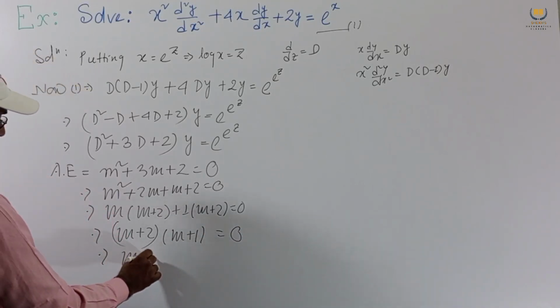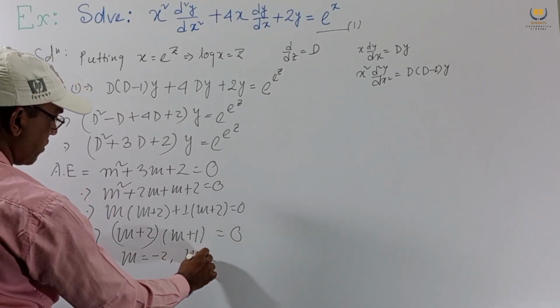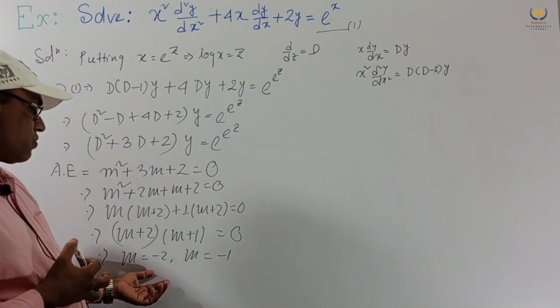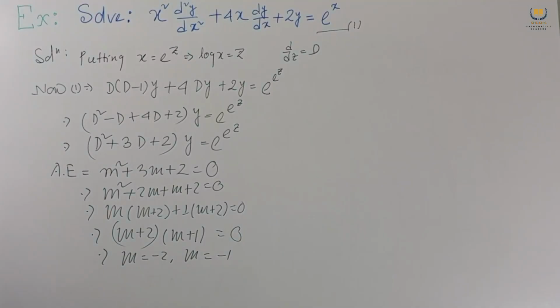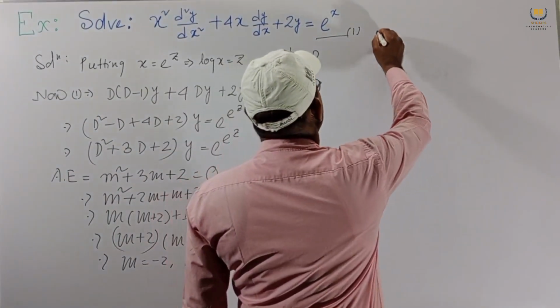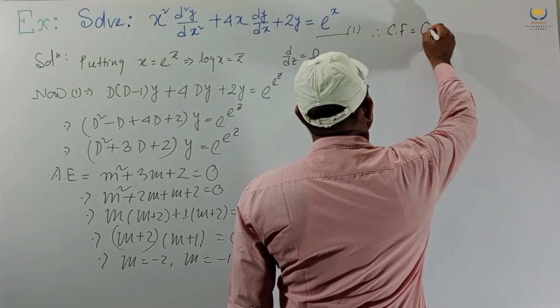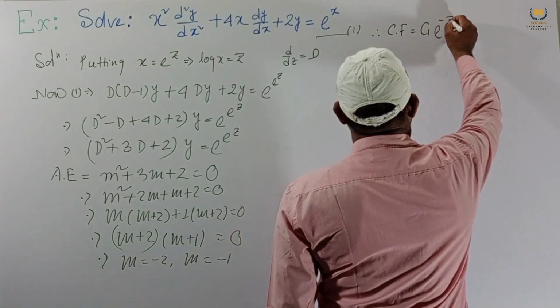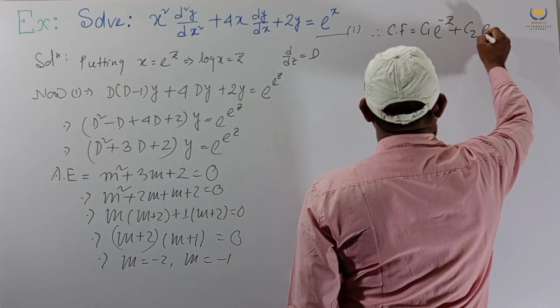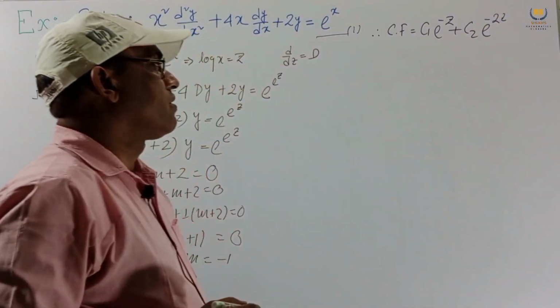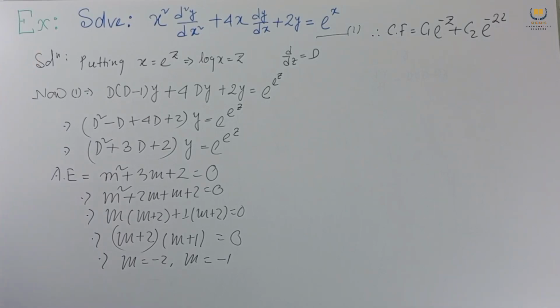This is m = −2, m = −1. We get −2 and −1. Therefore, complementary function = c1 e^(−z) + c2 e^(−2z). This is our complementary function.